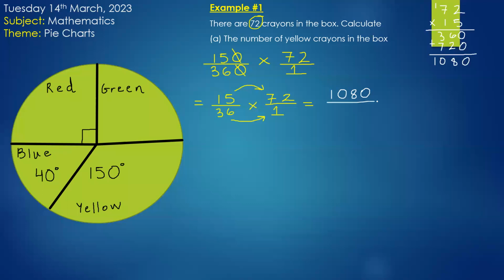All divided by what? 36. 36 times 1 is what? 36. Now we're going to take 36 and divide it into 1080, and ask ourselves how many times 36 goes into 1080.